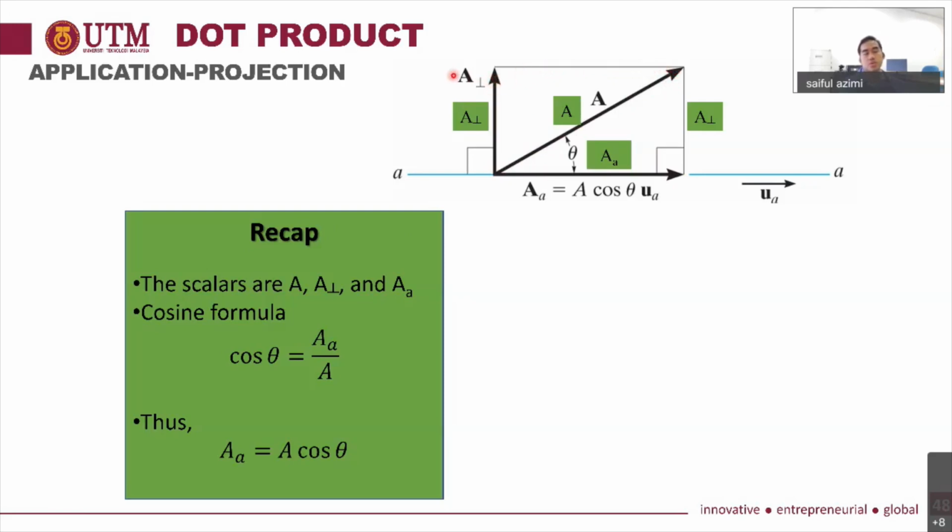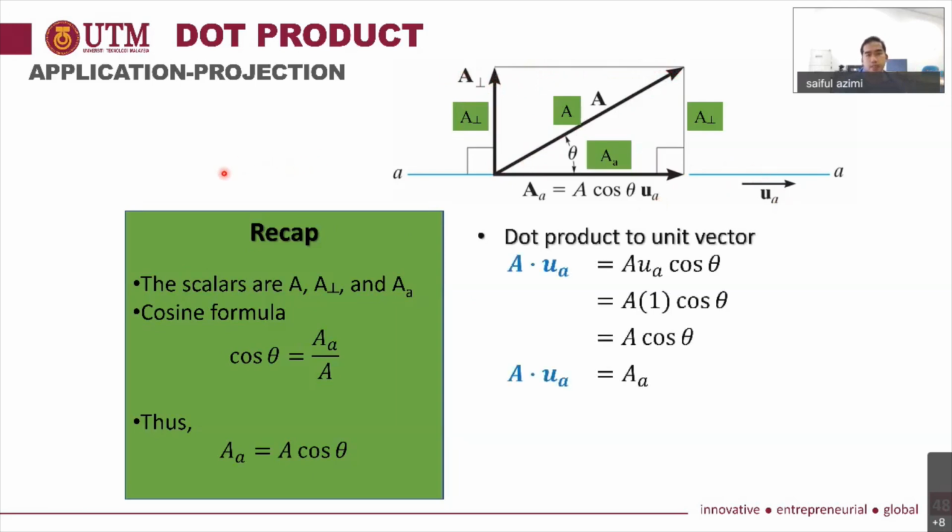Okay. So if the question asks you to find the projection subjected to the axis, you can use the dot product, right? So basically, the dot product with a unit vector. In these methods, the elements inside the dot product are a little bit different compared to the previous applications.